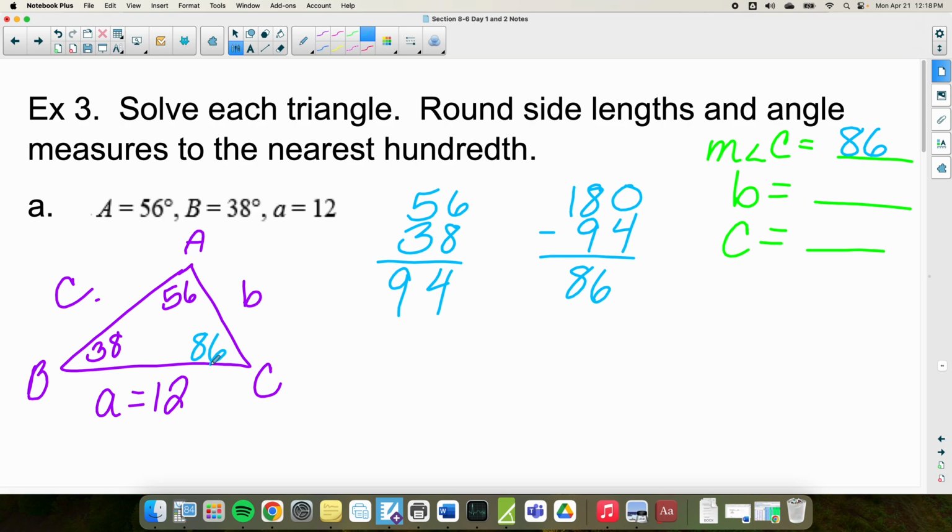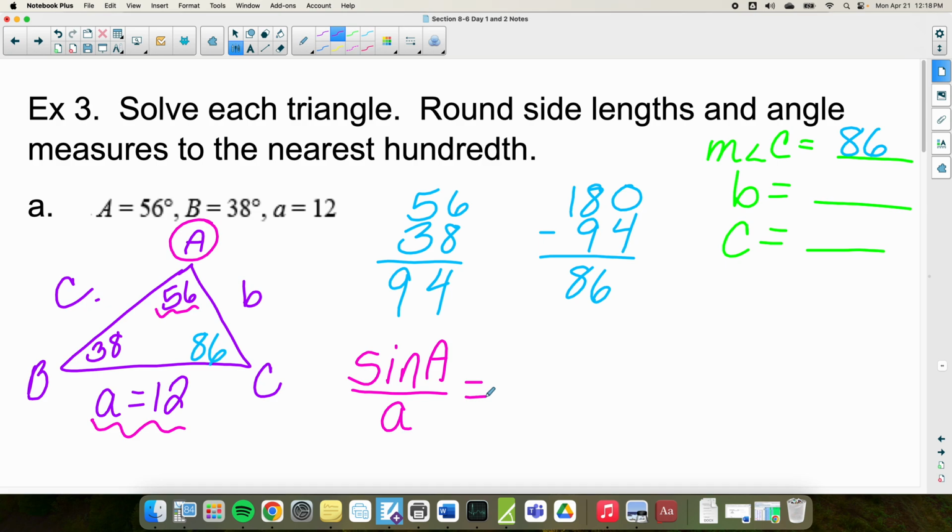Now, one of the last things I talked about on Thursday is when you're doing law of sines, you need to know an angle, which I know, and its opposite side. I know A and little a, and what law of sines is you take the sine of an angle over its opposite side, which would be A. And I use those because I know both of them.